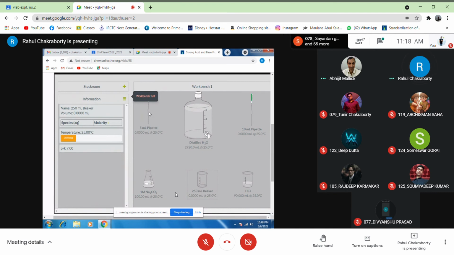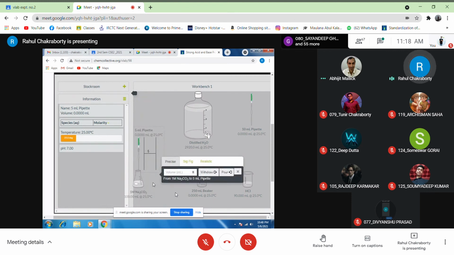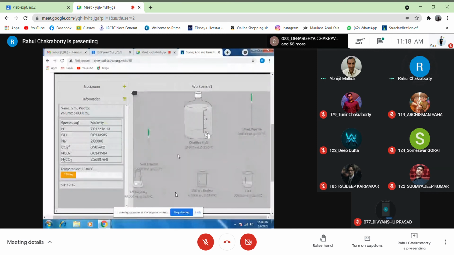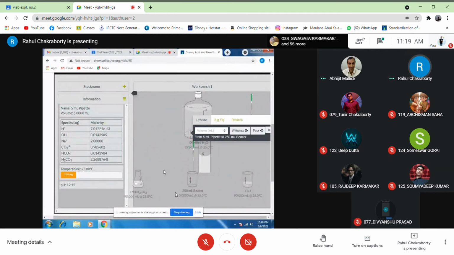Now, using the 5 ml pipette, withdraw 1 molar Na2CO3. Then pour it into the empty 250 ml beaker.